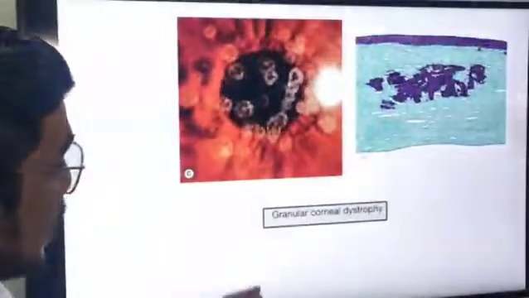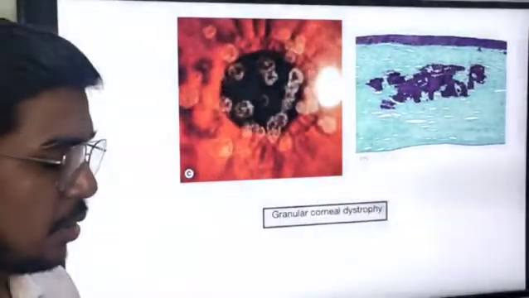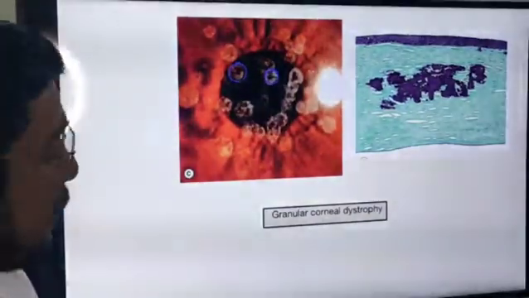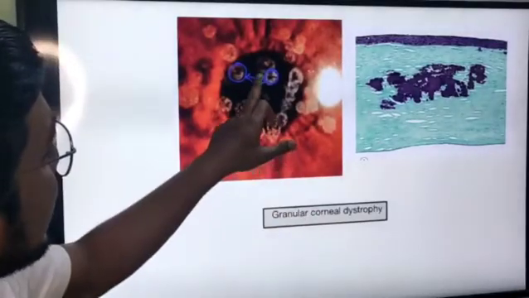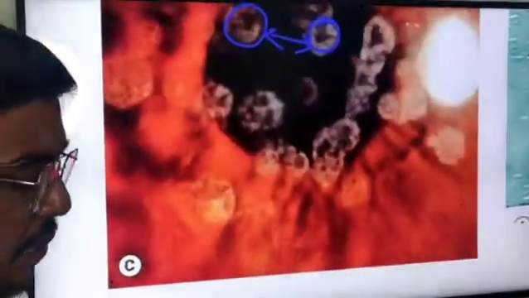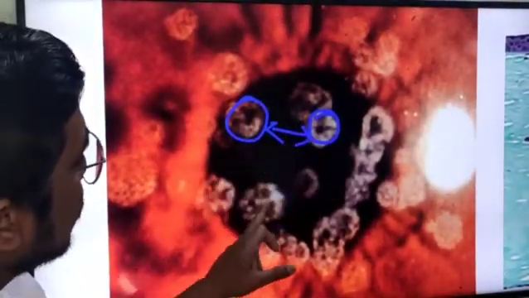Moving to granular corneal dystrophy. Can you see this? This is granular dystrophy, patchy, but in between them this area is clear, this area is clear, this area is clear. I mean, the area between these two is clear.